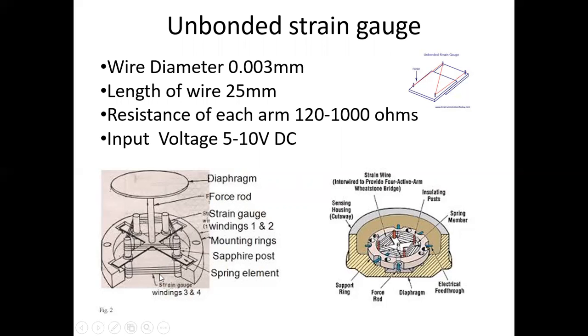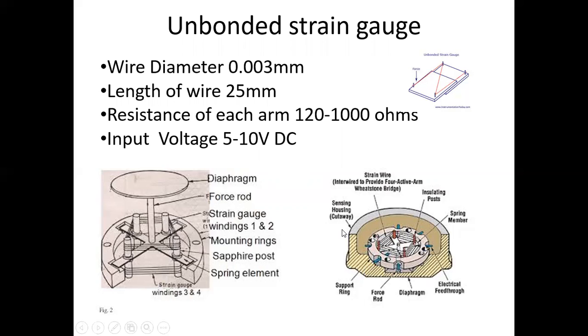This is your strain gauge windings, third and fourth. Third and fourth are below, and the winding above is winding 1 and 2. Again, this is the second. This is the force rod. This is the support ring.